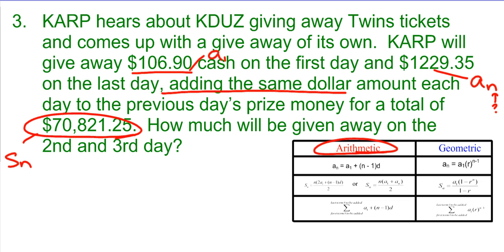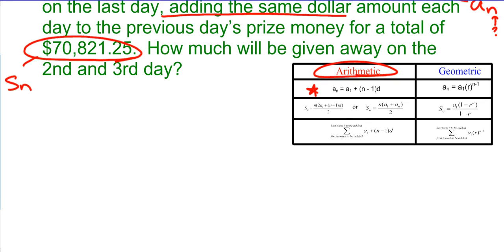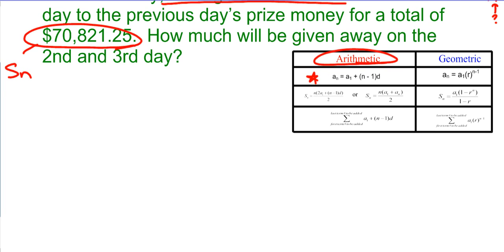So if I want to see the total on the second and third day, I'd have to find D. So to find D, I'm thinking I should maybe use this formula. Does that kind of make sense to you? So I'm just going to scroll this up a little bit. So it says AN.